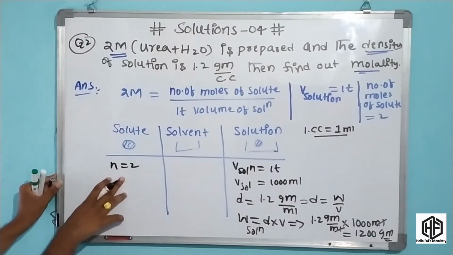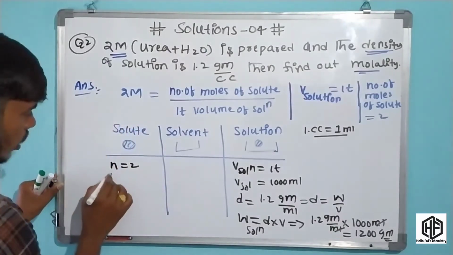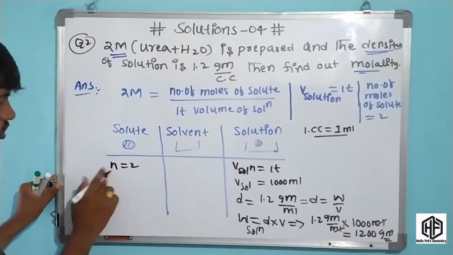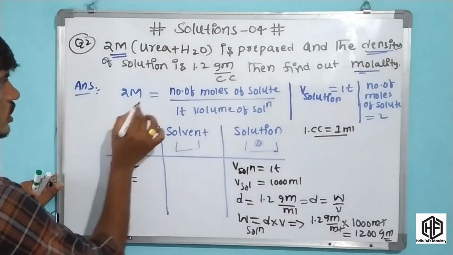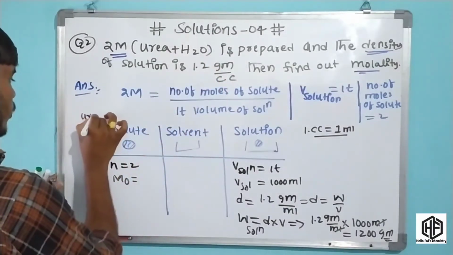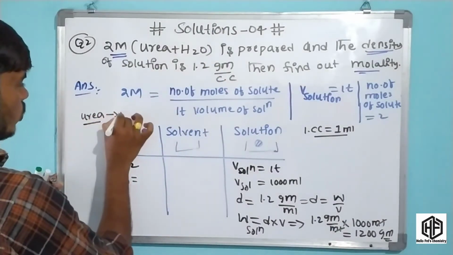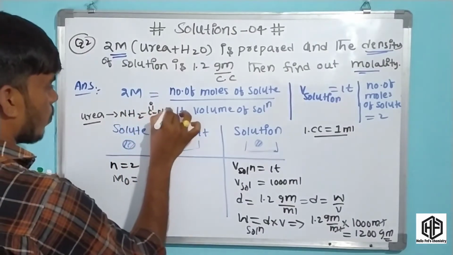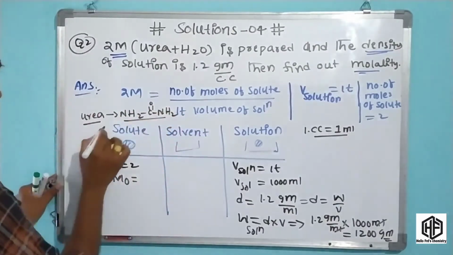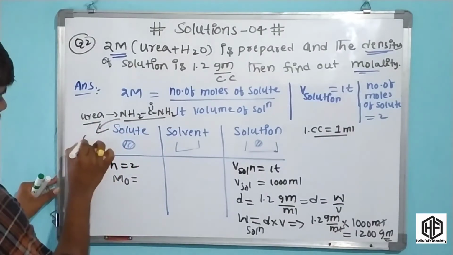Now find out the molecular mass of the solute. The solute is urea. Urea molecular formula is NH2-C=O-NH2. Okay friends, molecular mass of the urea is 60.